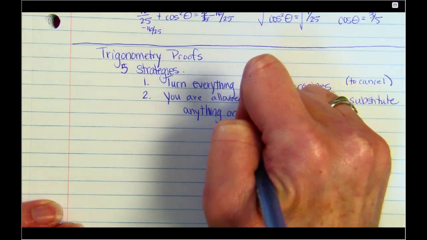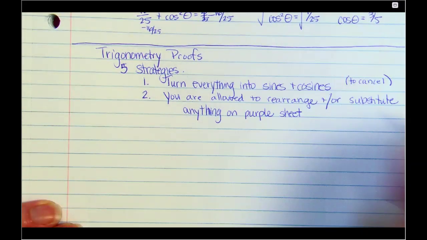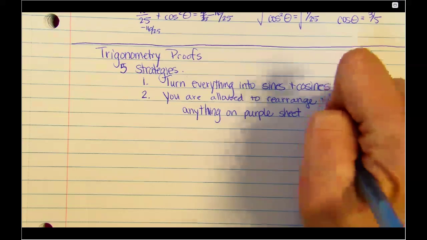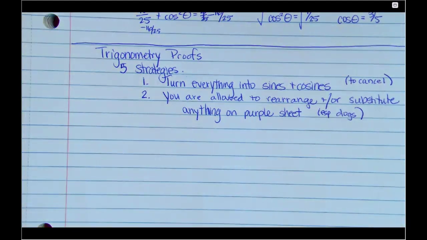That means anything that is on this paper, so you cannot just make up something, but anything that's on this paper, you can rearrange it and you can substitute. Especially the dogs. And again, I will tell you how you know when you want to do this.